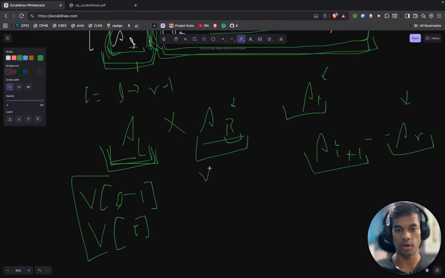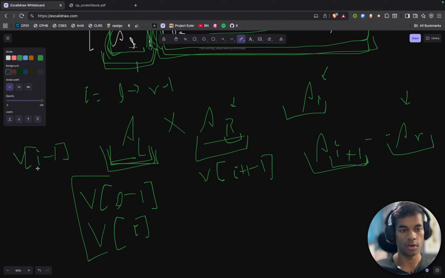So the number of rows is going to be V I plus 1 minus 1. I plus 1 is the matrix, and to get the number of rows in a particular matrix, we do the number of the matrix minus 1. Here we are doing the same thing, which is just VI.